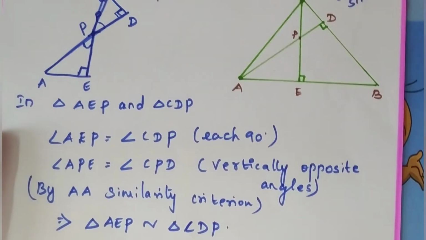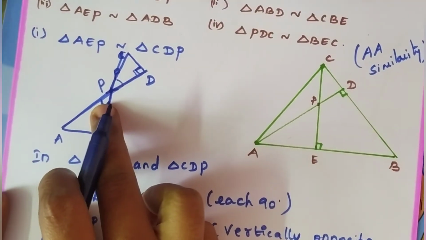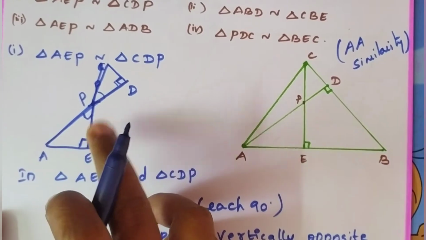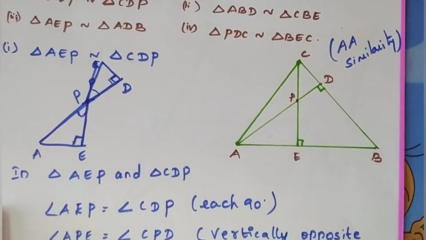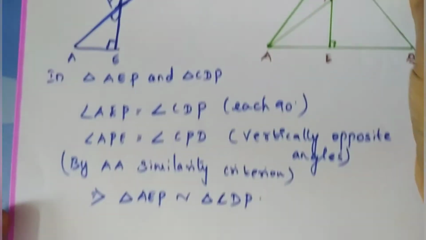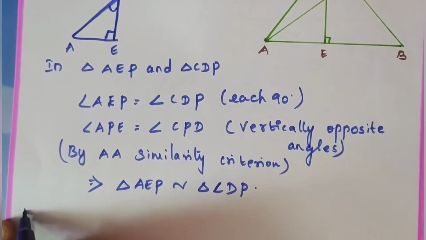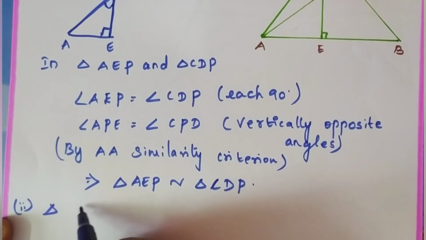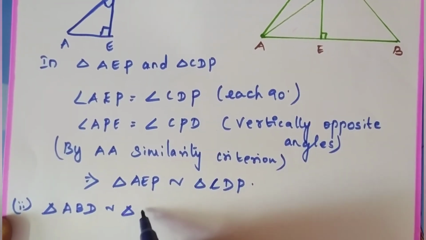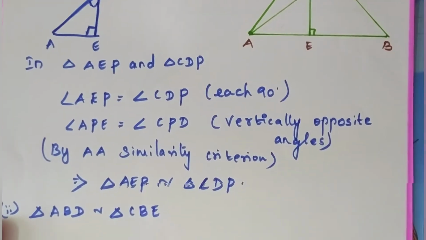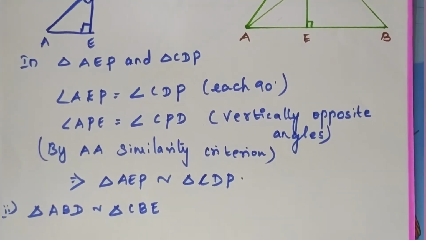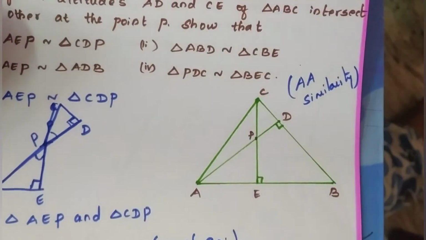Are you clear? Draw the two triangles separately and see all possible ways to prove they are similar. Okay, then next, second, triangle ABD is similar to the triangle CBE. Where is ABD?